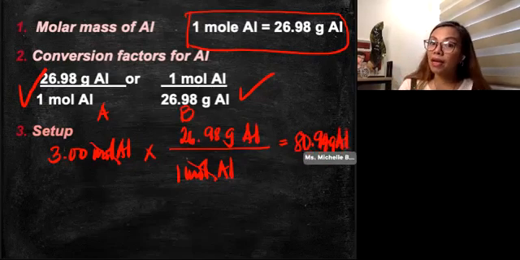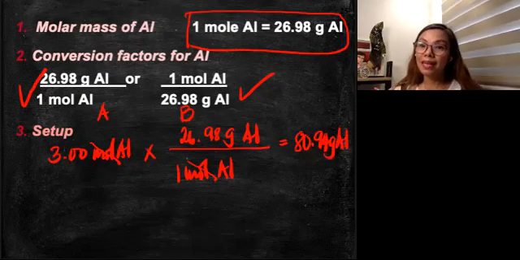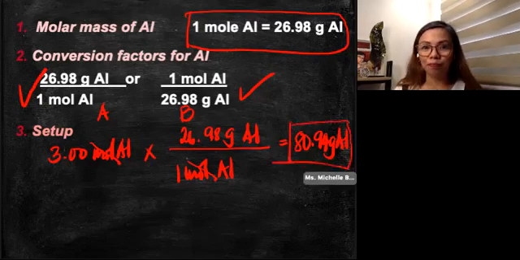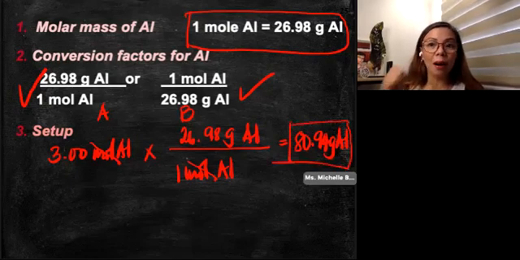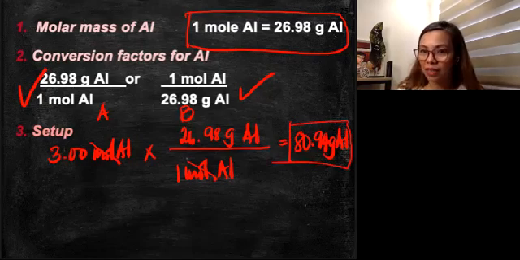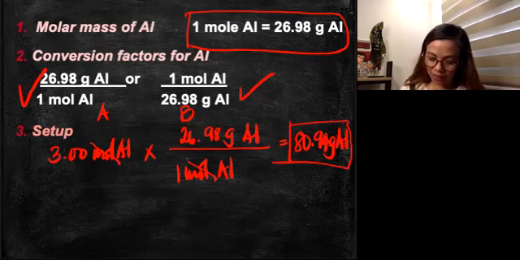So 3 moles of aluminum is equal to 80.94 grams of aluminum. Okay? I hope this is clear to you. This is converting mole to grams. And then maybe I have an example later of grams to mole. Okay, so I hope that's clear.